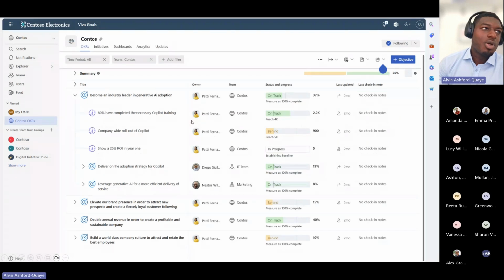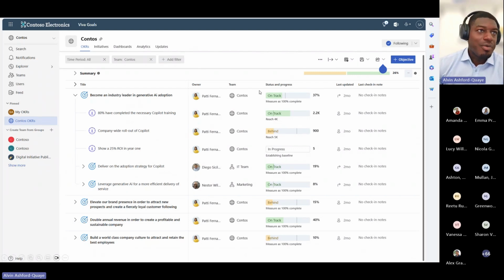If we fast forward, Patty also has some key results that are going to drive this generative AI adoption. That is 80% have completed the necessary Copilot training, company-wide rollout of Copilot, and show a 25% return on investment in year one. Those are the key results that are measurable, they're actionable, and we've given ourselves a time bound to deliver.